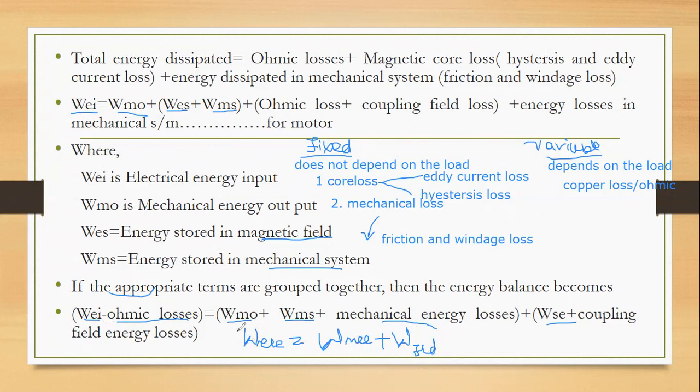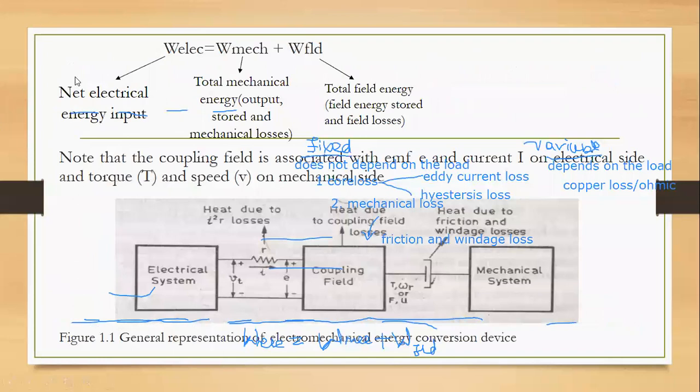When we say electrical energy, we're considering the input minus the losses. When we say mechanical energy, we're considering the output plus the stored energy plus the energy lost. When we say field energy, we're considering the energy stored plus the losses. So this is in the next slide. We're going to see it further.